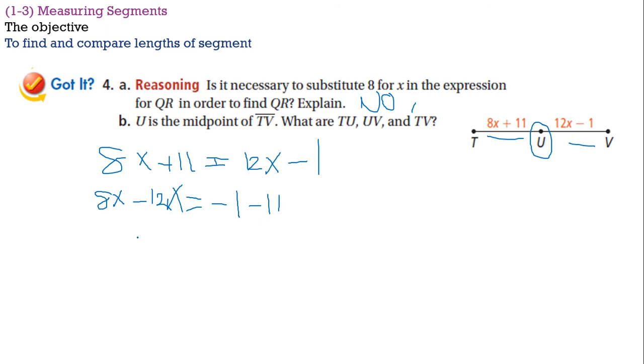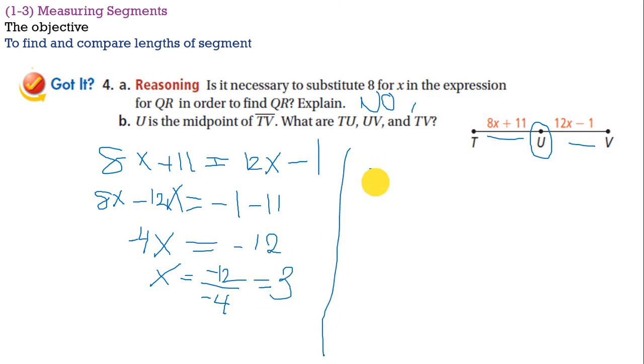So that will give me negative 4x equals negative 12. Then move the negative 4 to the other side, so that is negative 12 over negative 4, which is equal to 3. Now x is equal to 3.